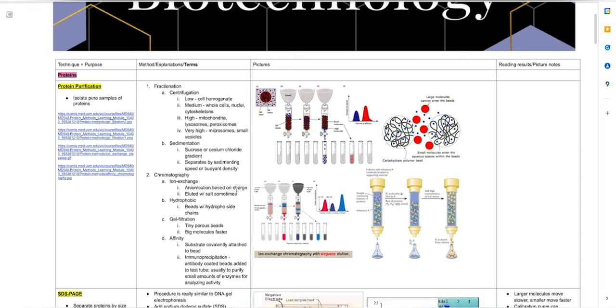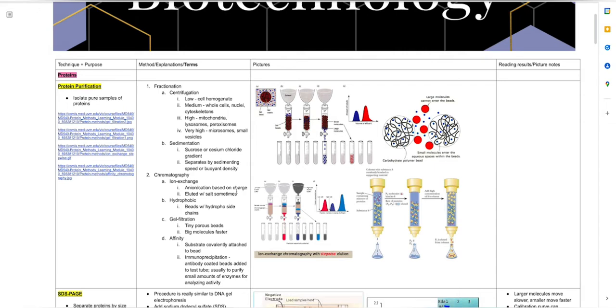And basically for these, they'll elute the column, which is basically wash everything that's not bound. So in this case, if it's an anion exchange column, then you'll have cations bound to the beads. So the anions passing through will be bound to those beads, and then everything else gets washed off with a salt solution or something.